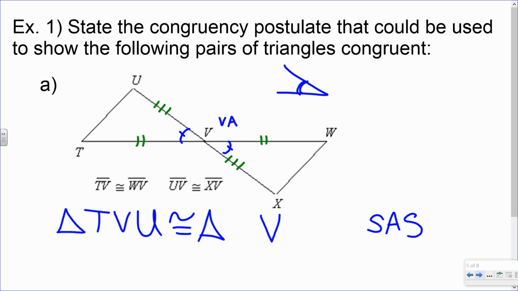And so let's see, T to V, is that going to be X to V? No, they're marked differently. T to V is the same as W to V, so that's a corresponding side. And then that leaves X over here. V to U corresponds to V to X. Questions with that? Next one.